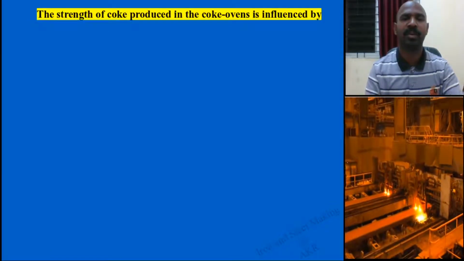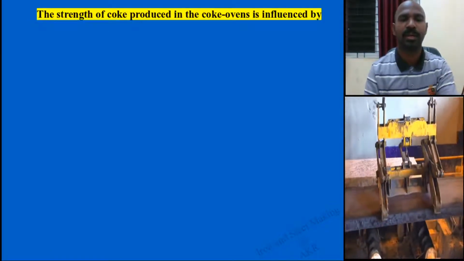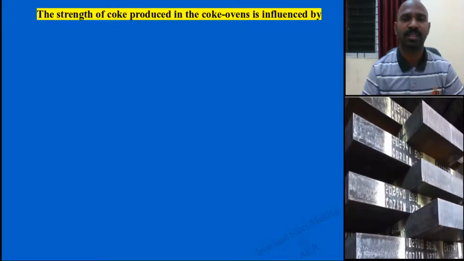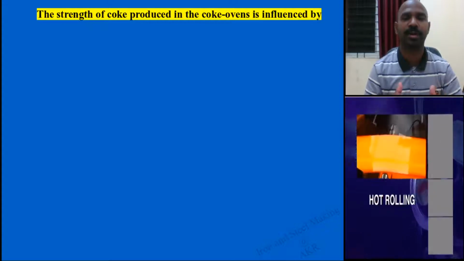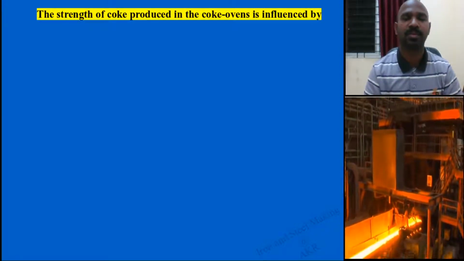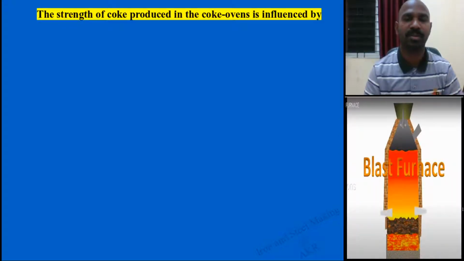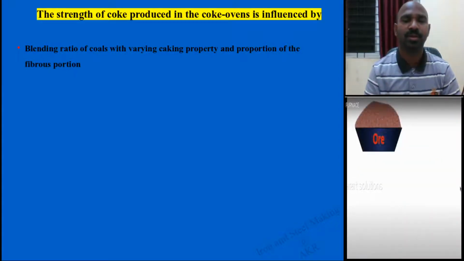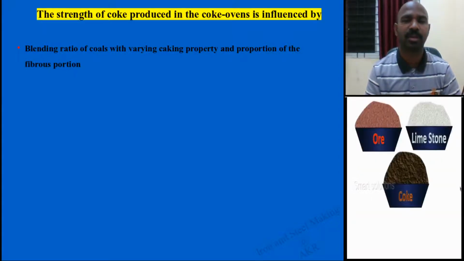Now let me talk about the strength. How do you assess the strength in these two techniques, recoverable coke oven and non-recoverable coke oven? How is the strength of the coke influenced? The points as discussed: mixing ratio, proportion of fine size and large size, proportion of the binder and coal.